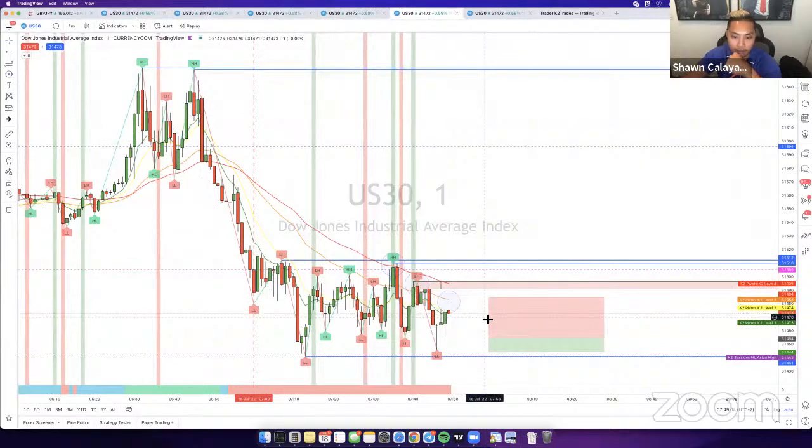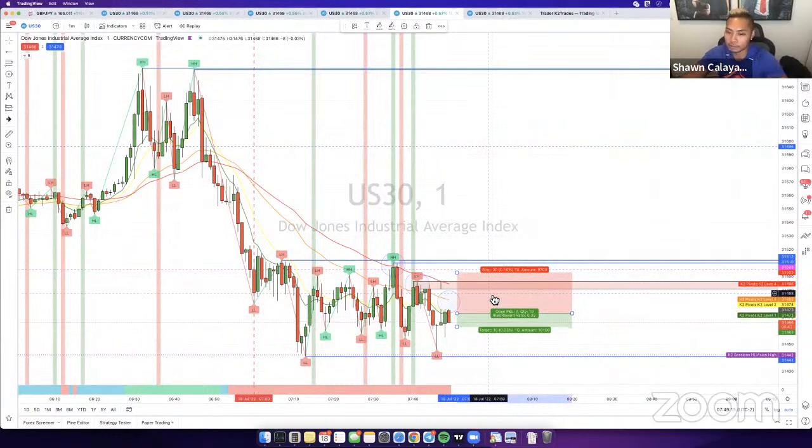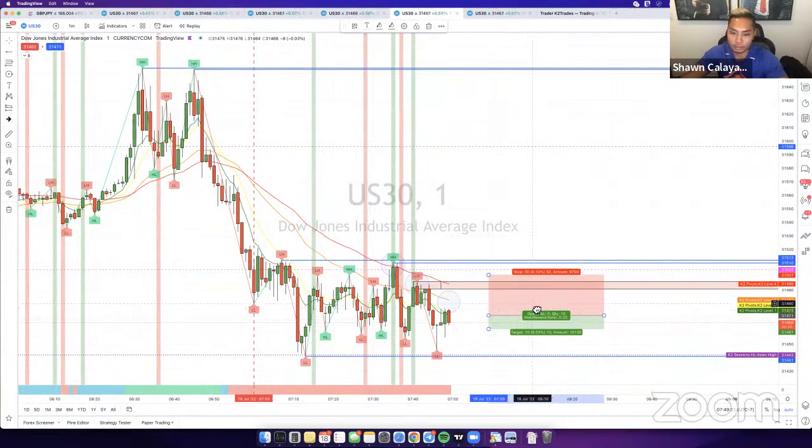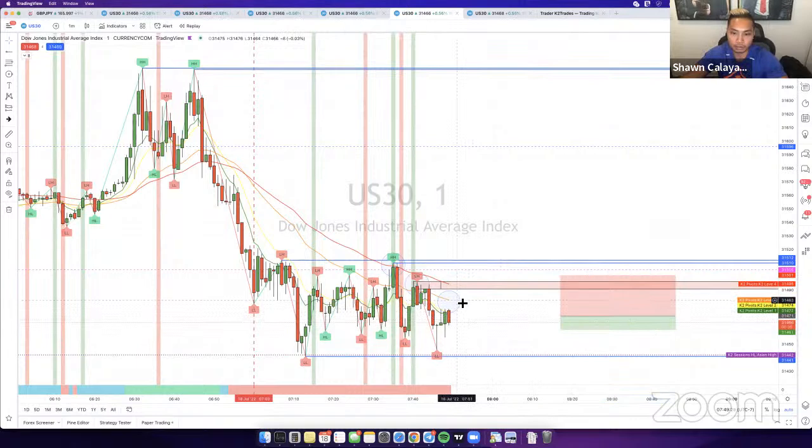Or he just looks for price to come up and then he takes a quick sell whenever price rejects off these pivots. I don't apply it that way, but this is one that C6 specifically applies. I don't recommend applying these strategies unless you guys know what you're doing. I don't even do this myself, but C6 does.